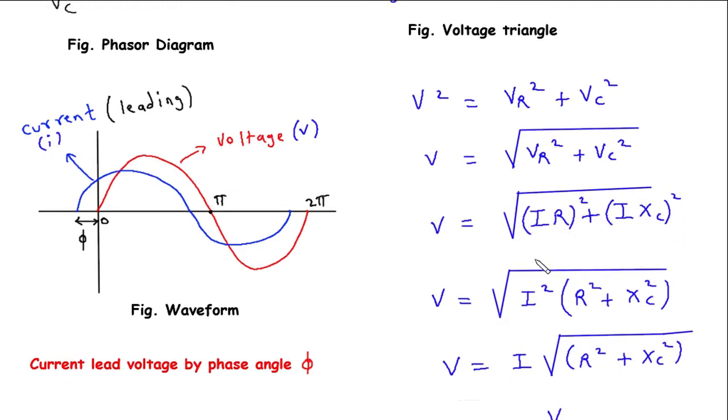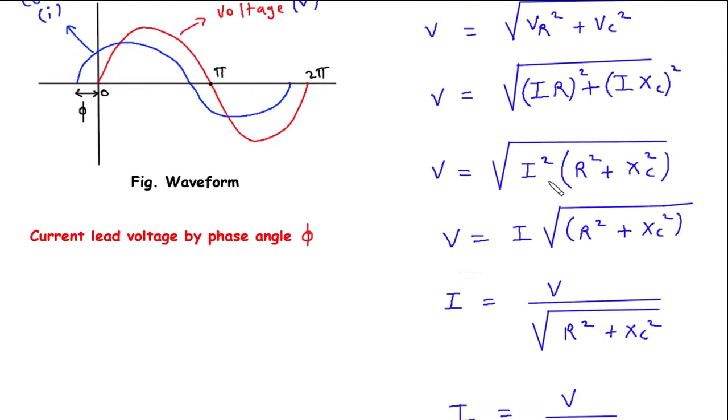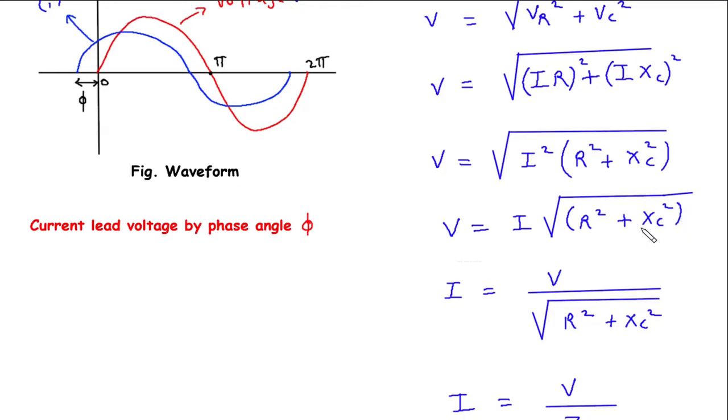From this we can take I square common, so V is equal to under root of I square in bracket R square plus XC square. Now we can take this I square outside of this under root, so V is equal to I into under root of R square plus XC square.